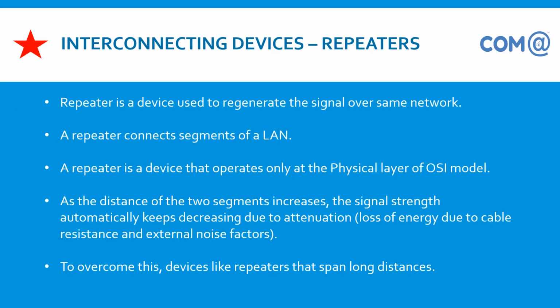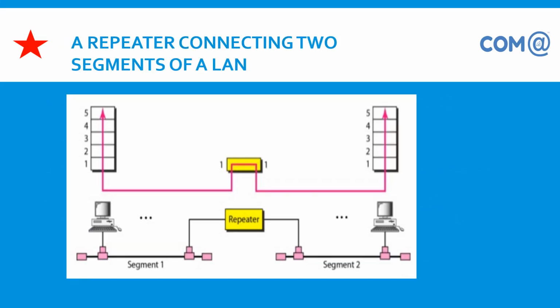Next one is the repeater. It is a device used for regenerating the signal over the same network. By name, if the incoming signal is weak, it will amplify it, help filter the signals, and give a good signal. It is the same as a booster available in the cable TV network.